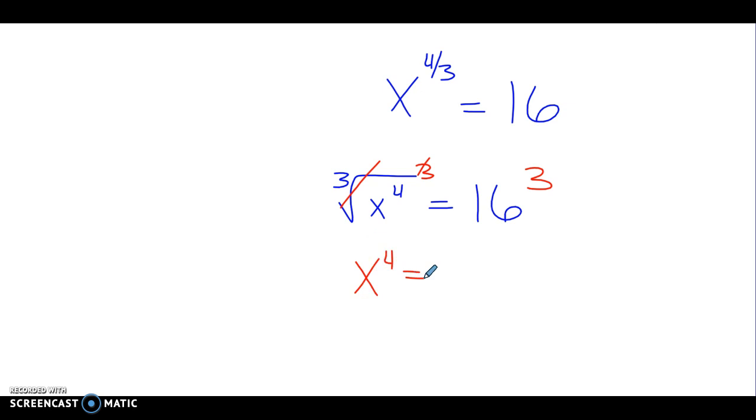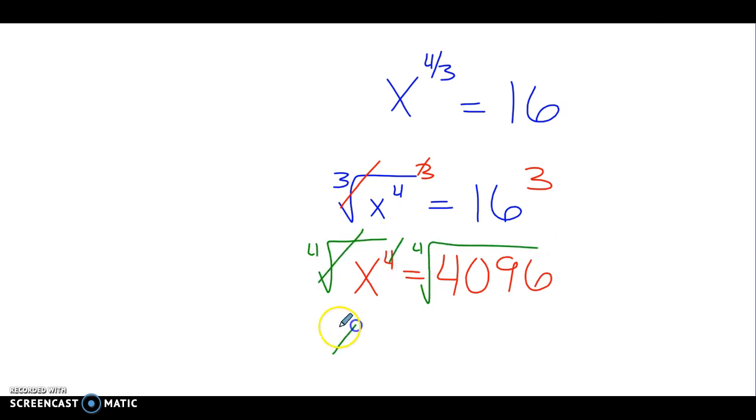And what is 16 to the 3rd power? 4,096. That's right. So I cube the cube root, and now how do you undo a 4th? You 4th root it. So the 4th and the 4th root cancel out.